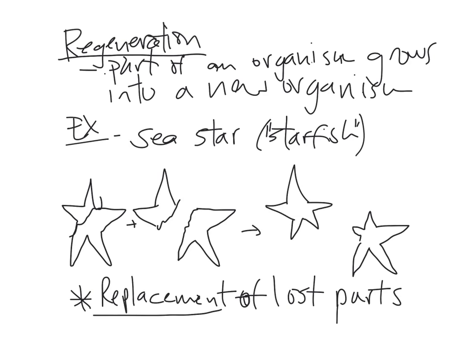If you've known anybody that's ever lost a finger, or part of a finger, or anything like that, they don't grow back. But some organisms have the ability to replace lost parts. But just keep in mind, this is not reproduction. That is not a method of reproduction. Reproduction will be making new organisms. So if they're replacing a lost part, it is not.